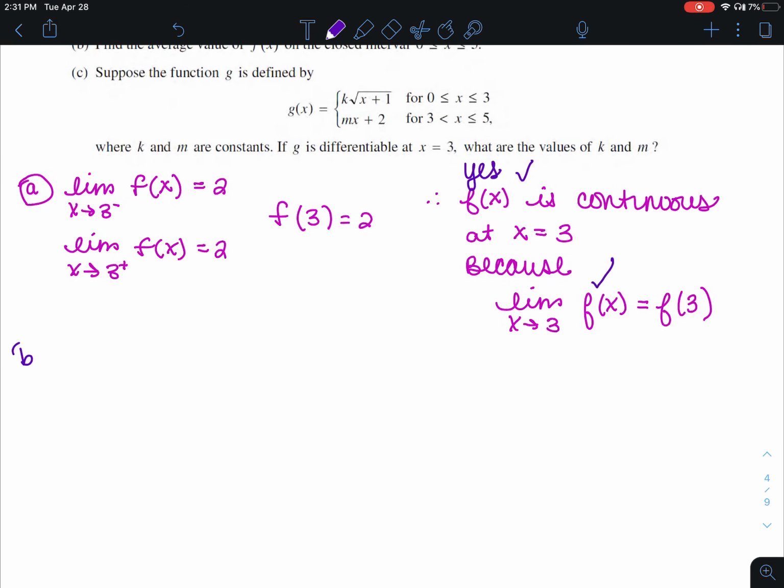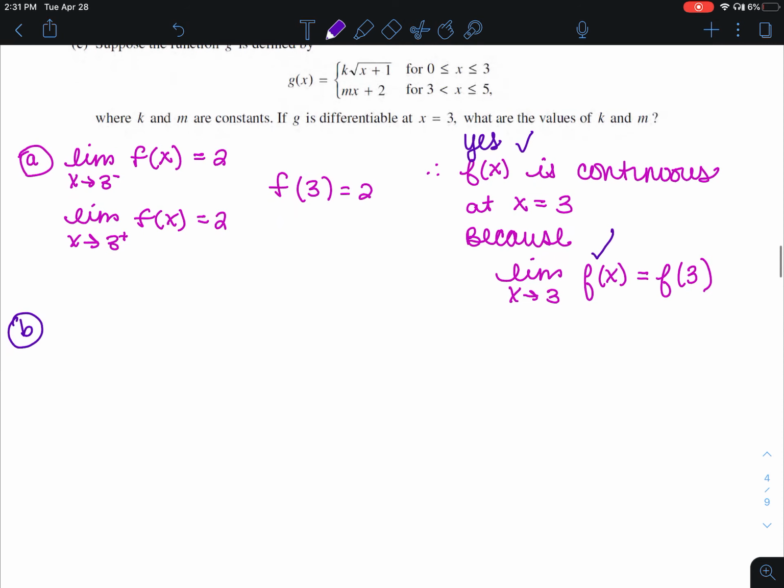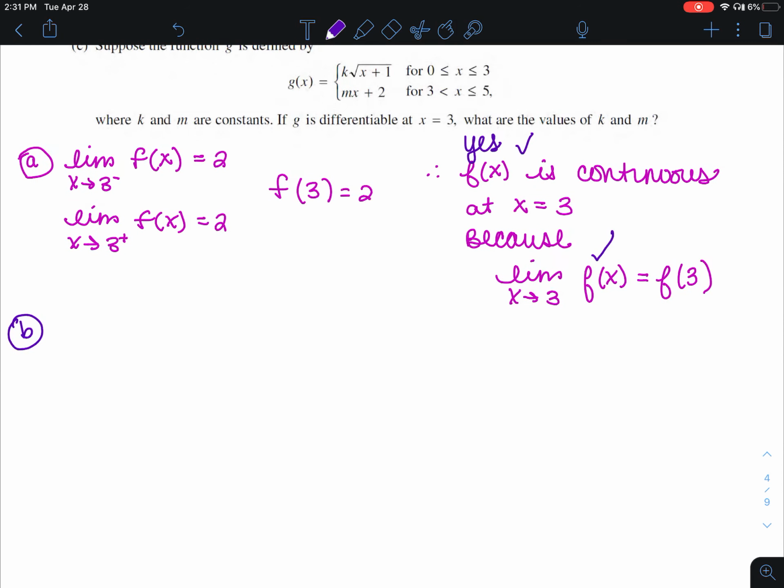Part B says to find the average value of f of x on the closed interval from 0 to 5. While this problem is not something where we're going to see average value, you might have to take the integral of a piecewise function. So we're just going to go through it. Average value just adds a fifth in this case out to the beginning. So we know that average value is going to equal 1/5 of the integral from 0 to 5 of f of x dx.